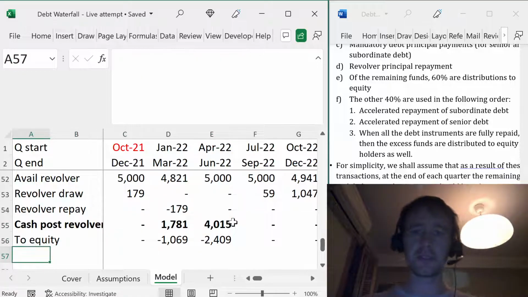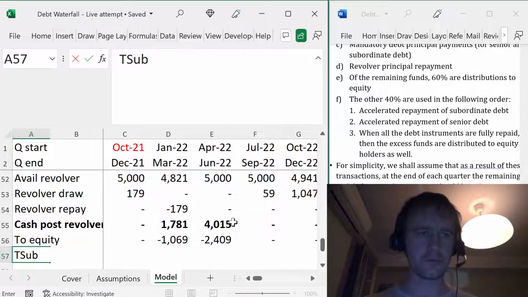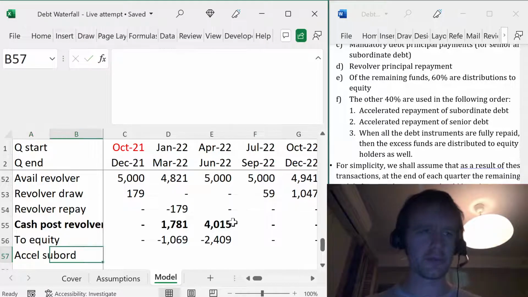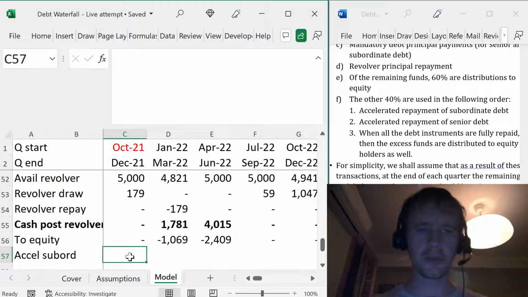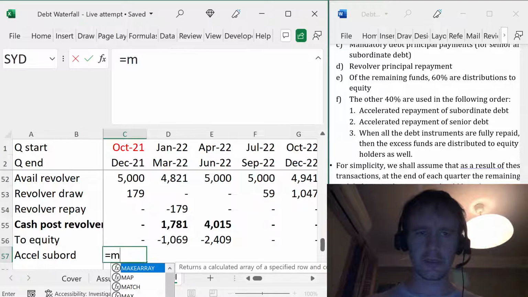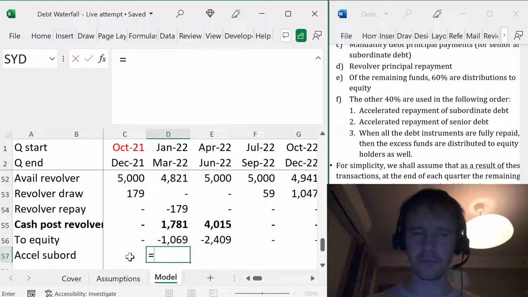So then the next piece is the subordinated debt. So, whoops, Excel subord. Again, I would have a little more space, but, well, I've made my excuses already. I'm not going to keep doing it. So we're going to say equals, we'll start at one where I actually have money.